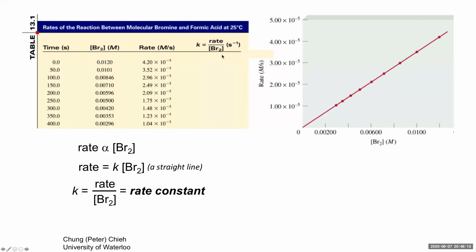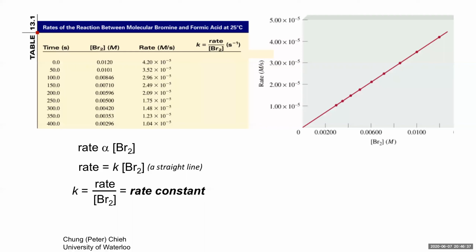So let's calculate the rate constant. It's shown up here. The rate constant equals the rate over bromine concentration, and the unit is 1 over seconds, or seconds to the minus 1. It's pretty easy. You take the rate. The first value here, let me get my calculator out, would be 4.2 times 10 to the minus 5.